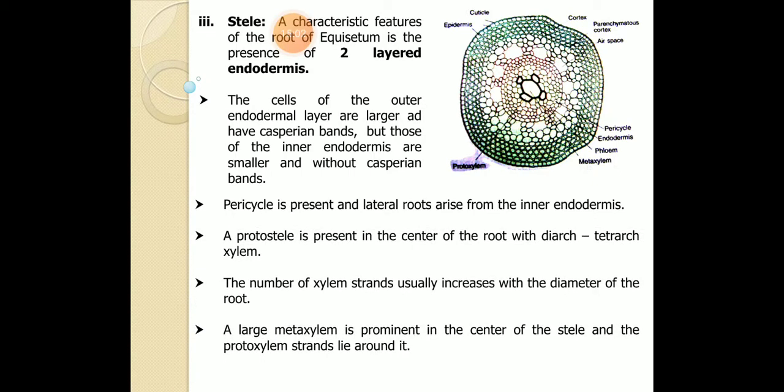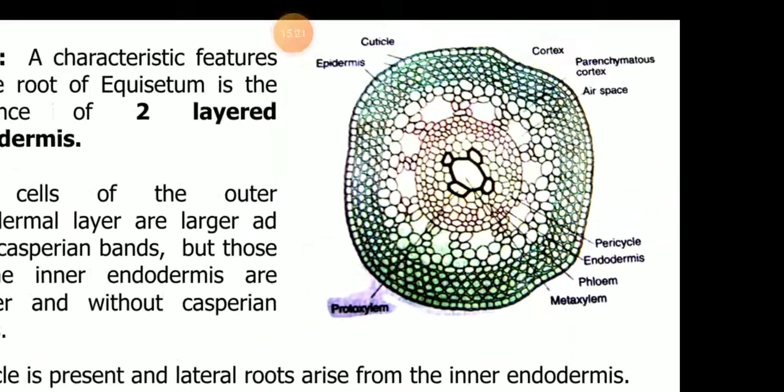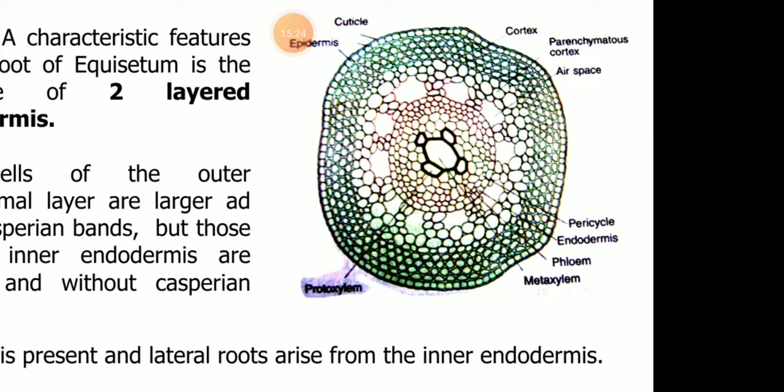Usually the protostele will be present in the Equisetum root, and a larger metaxylem will be present at the center, and phloem is present in between the protoxylem strands. This is the diagrammatic cross section of the Equisetum root.